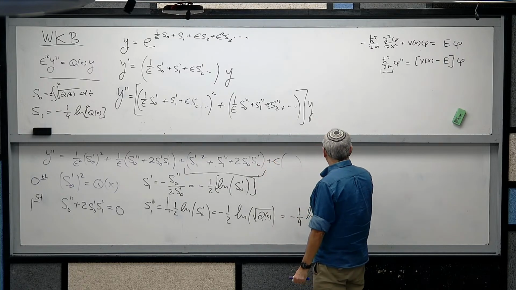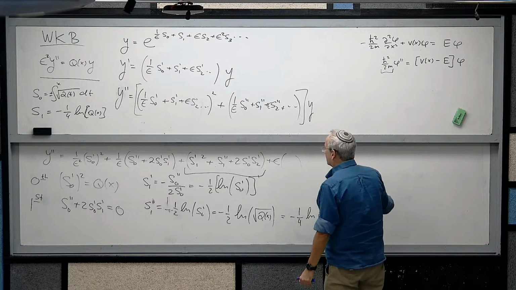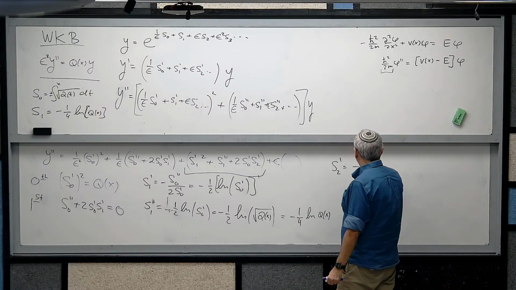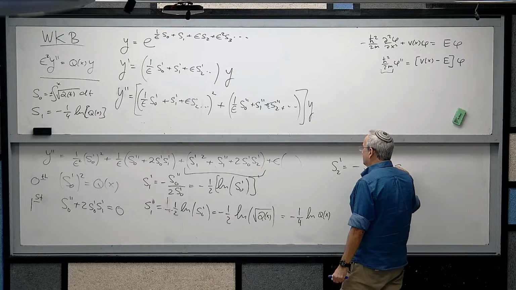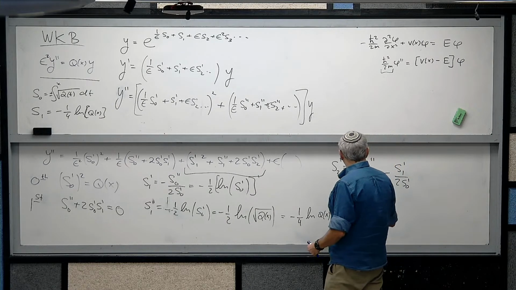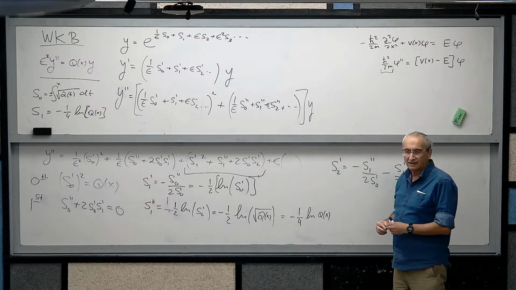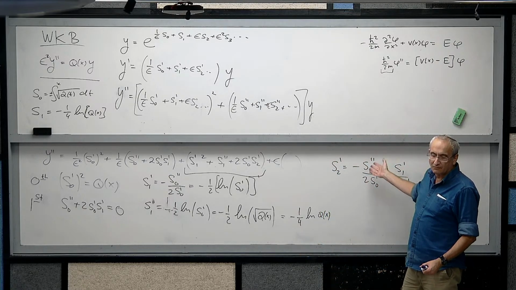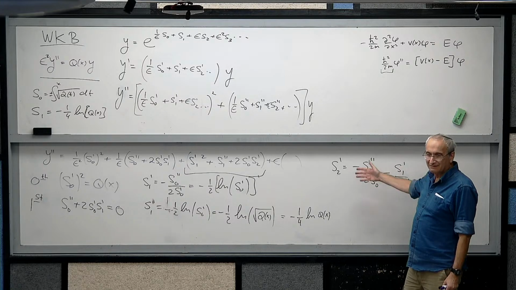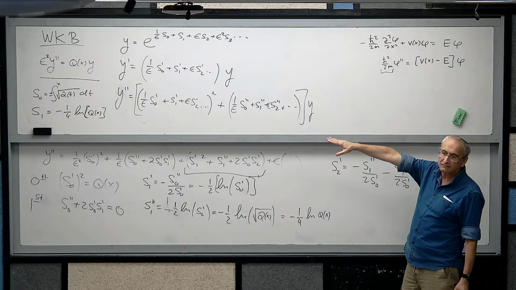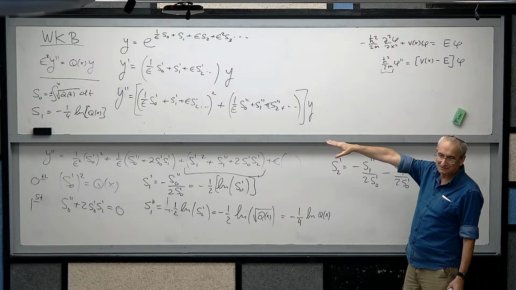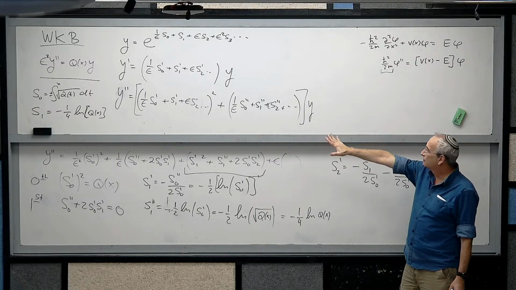So S2 prime is equal to minus S1 double prime over 2 S naught prime, minus S1 prime squared over 2 S naught prime, and this is whatever it is. Of course, it becomes more and more complicated for higher and higher orders, and we usually use only the first two terms. Good.